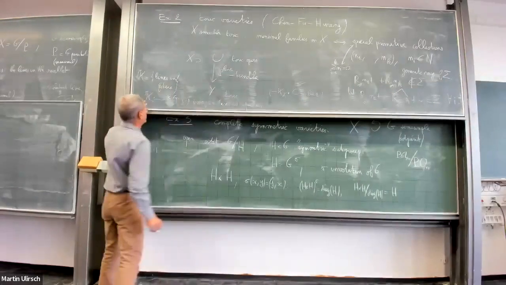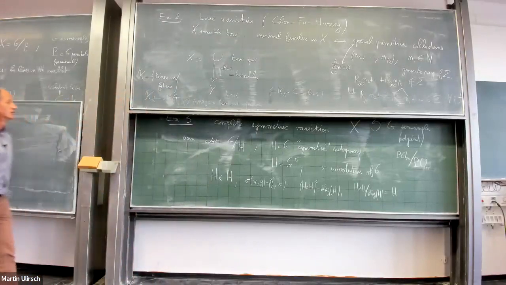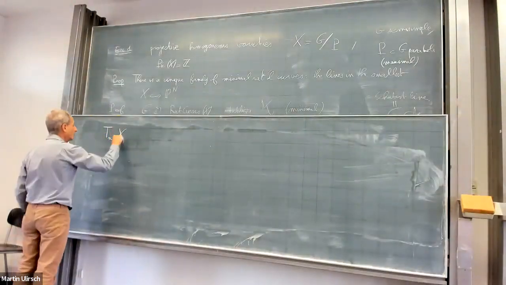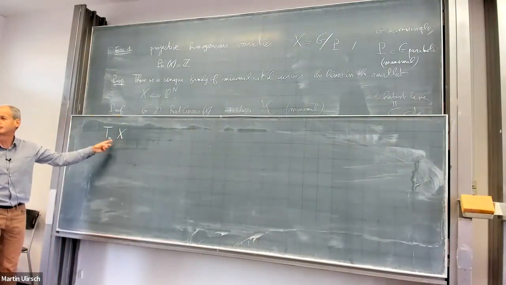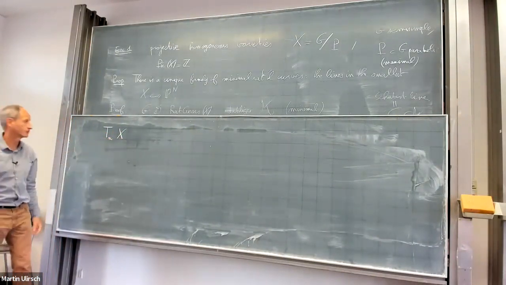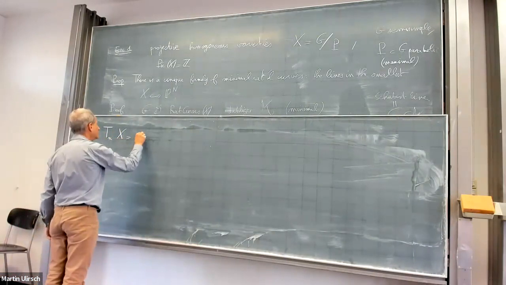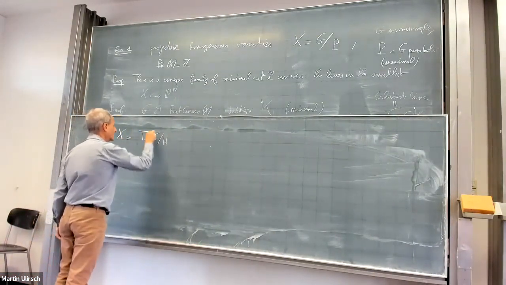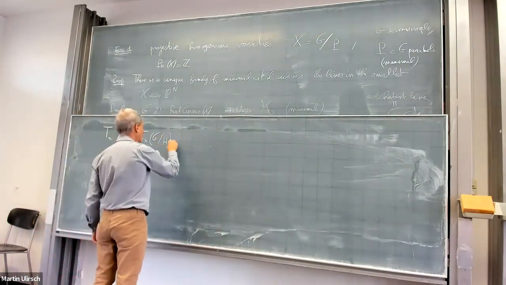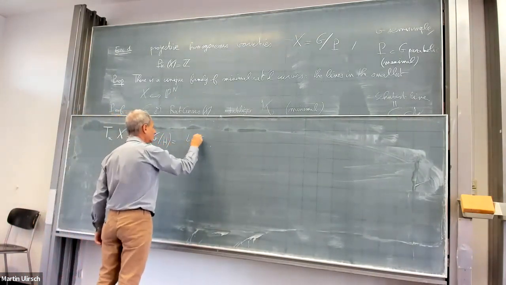Let me explain how to describe the tangent space to the variety X at some point x, the base point, the point with stabilizer the group H. This is supposed to be the tangent space to the open orbit, and this is the quotient of Lie algebras.